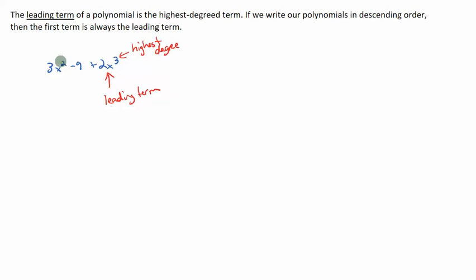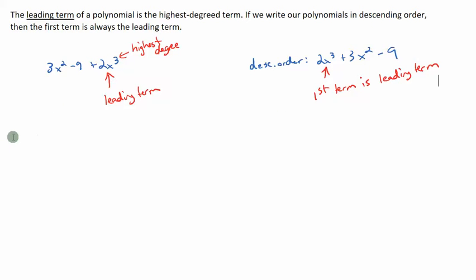If we write it in descending order, as we saw before, then it's 2x cubed plus 3x squared minus 9. Then you can see the first term is the leading term. Okay? So again, this is an advantage of writing in descending order.